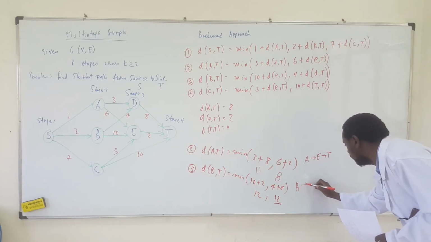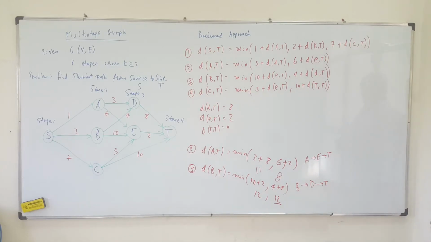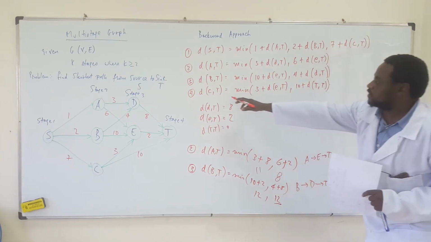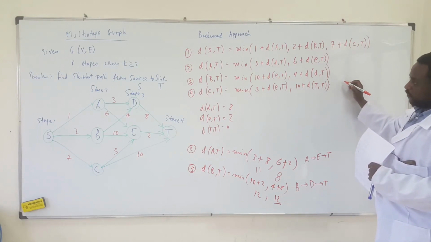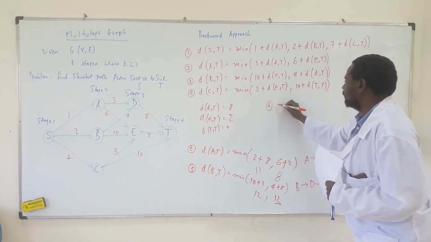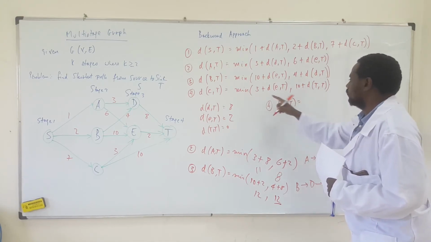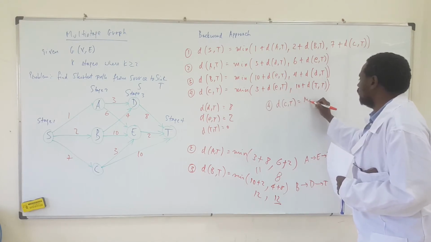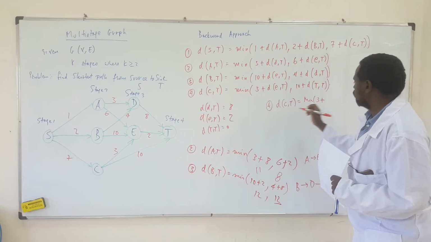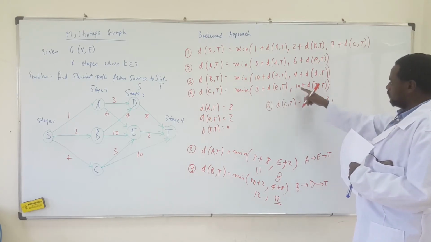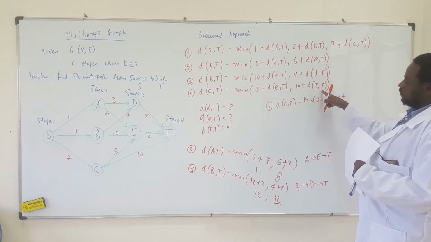The other one is equation 4. The distance from C to T will be 3 plus the minimum of 3 plus E to T, which is 2, or 10 plus T to T, which will be 0.